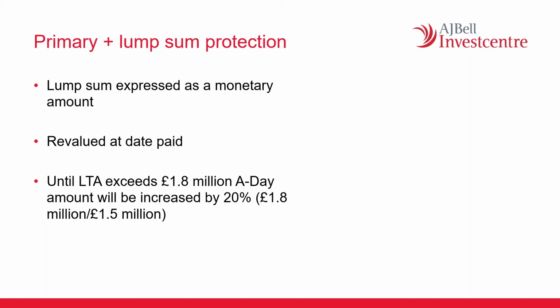If the lifetime allowance ever exceeds 1.8 million, then 1.8 million would be replaced by whatever the current lifetime allowance is. It'll always be divided by 1.5 million because it's based on a revaluation from A-Day, and obviously that was what the lifetime allowance was at A-Day.